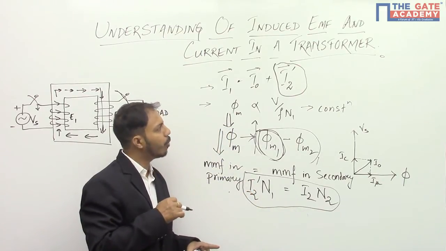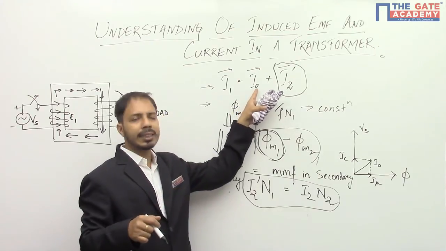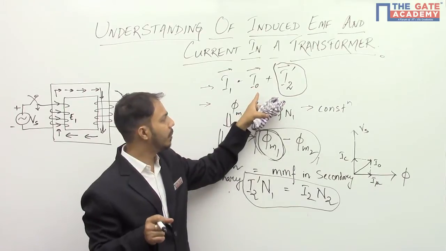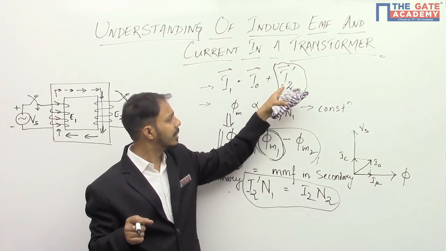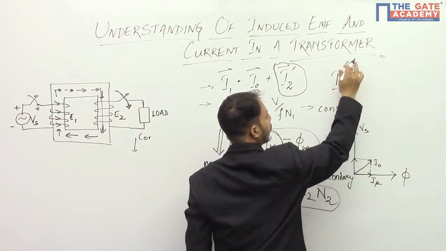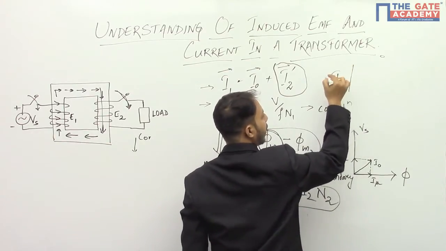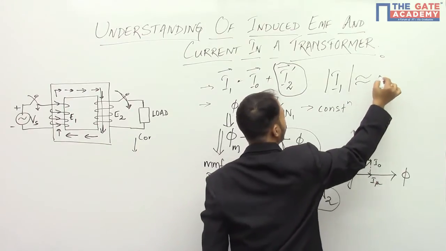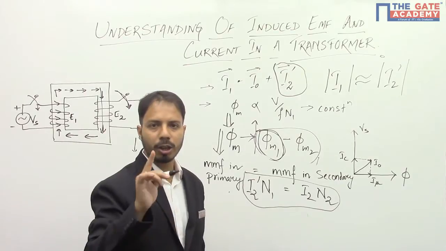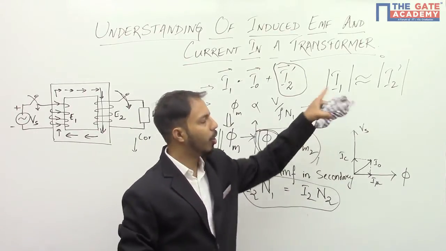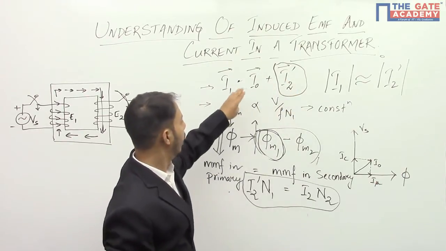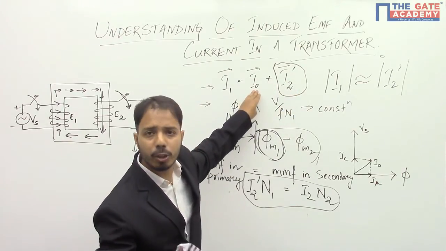But now, you see, this I0, the no load current component, is very, very small. So the primary current I1 magnitude is almost equal to I2 dash. I am talking about magnitude, not about phase. The magnitude will be almost equal, because this will be around say 20-30 amps and this is say 20-30 milliamps.